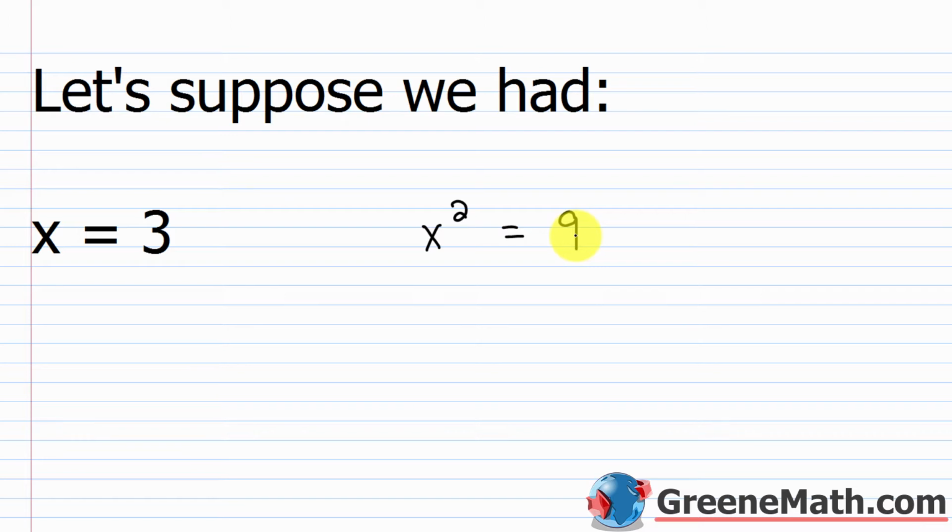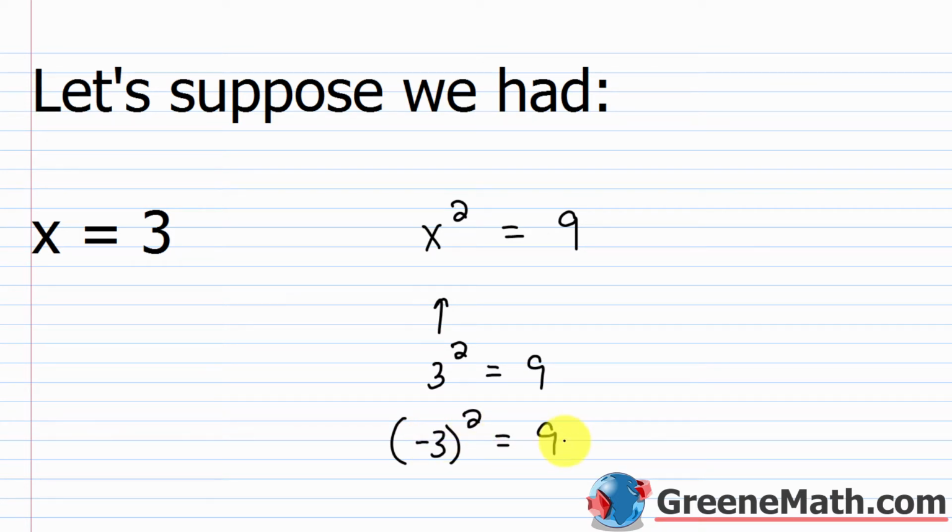Now we haven't covered how to solve an equation like this yet, but let's just think about it. It's a very simple equation, so we can mentally figure out what this is. What squared would give me 9? Well, I know 3 does, right? 3 squared would be 9. 3 times 3 is 9. But I also know that negative 3 squared would give me 9 as well.